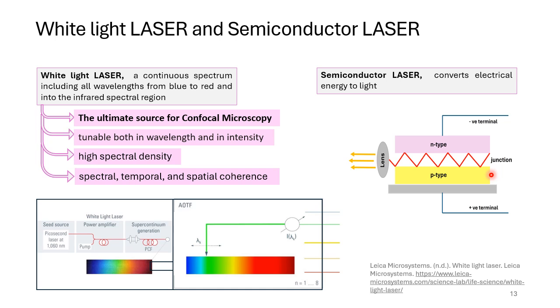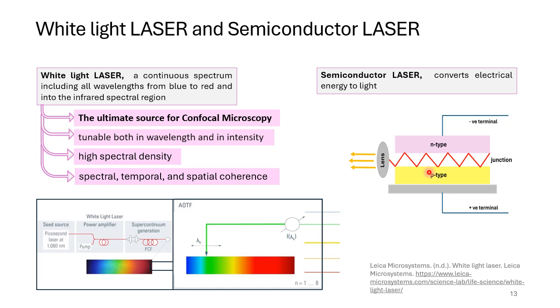When forward bias is applied, electrons from the N type and holes from the P type are injected into this active region, and after coming into this region the electrons and holes recombine and release some energy in the form of photons.